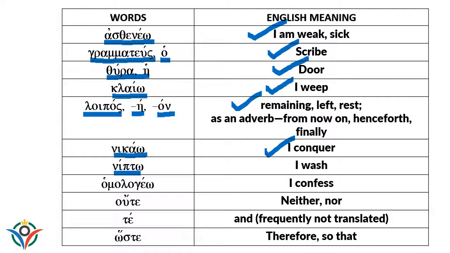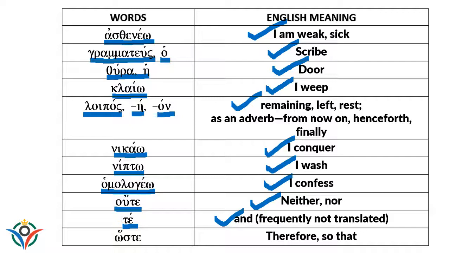Next we have nipto, I wash. Then we have homologeo, I confess. Then we have oute, neither, nor. Then we have te, which can be translated as and, but frequently this word is not translated into English.